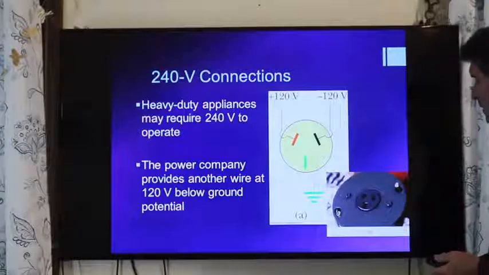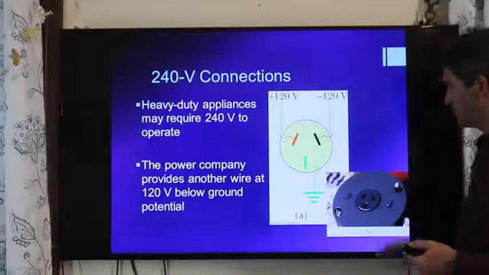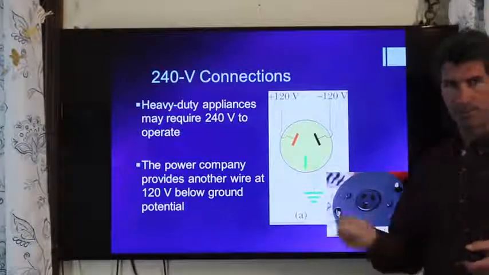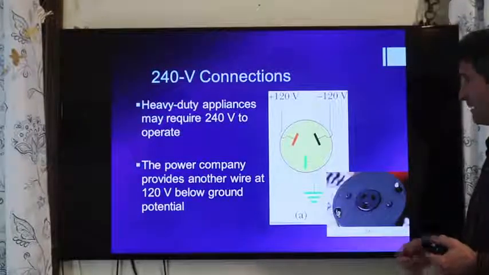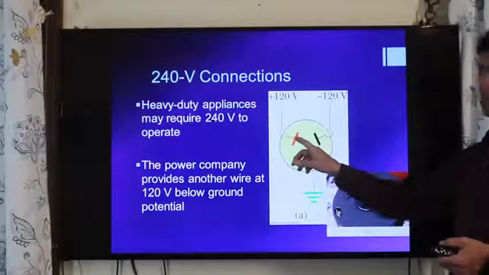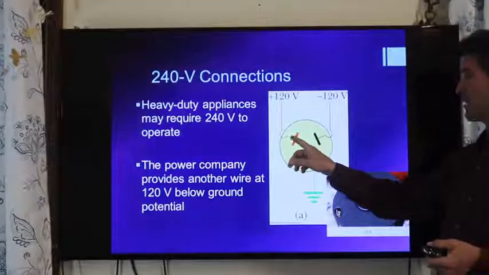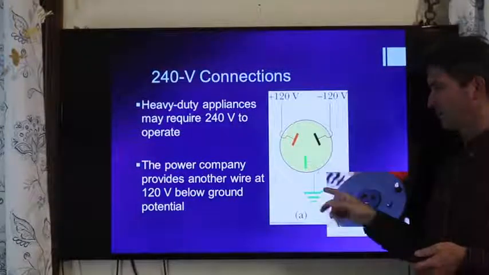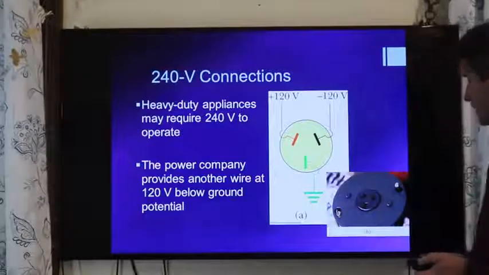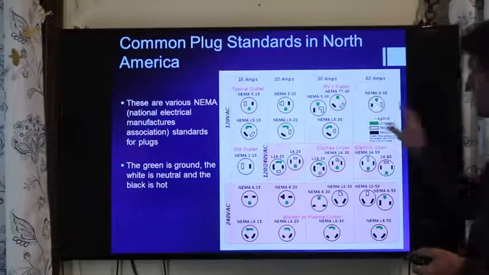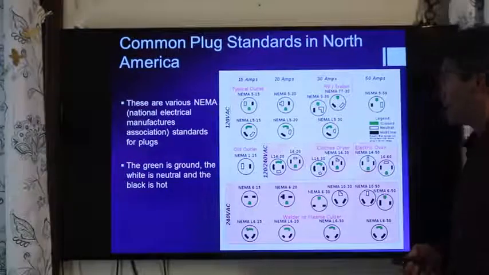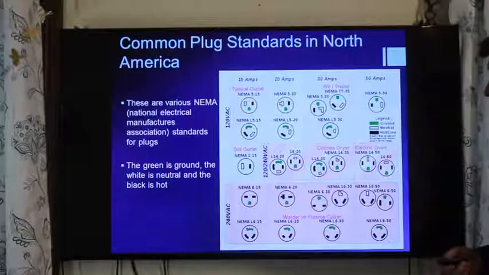But you see this unusual shaped plug where you couldn't plug a typical 110, 120 volt appliance in there. And again, one of the inserts is at 120 volts, another one's at another 120 volts, and the third prong is neutral or ground. And you can see that there are many different plug standards that are available.